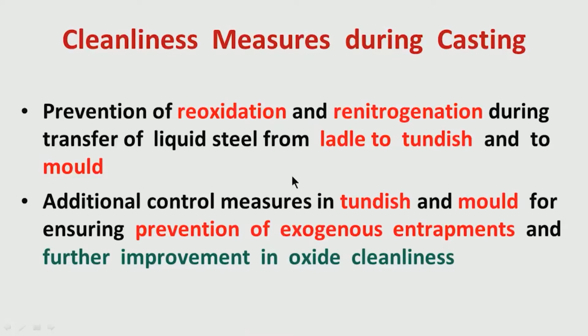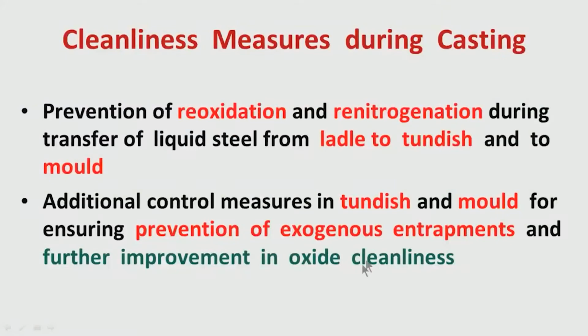Next, there have to be some additional control measures, like what I have talked about in secondary refining. So, here also during continuous casting there have to be some control measures in the tun dish as well as in the continuous casting mold, for ensuring prevention of exogenous entrapments. The whole idea is we have taken a lot of care for producing good quality steel after secondary refining.